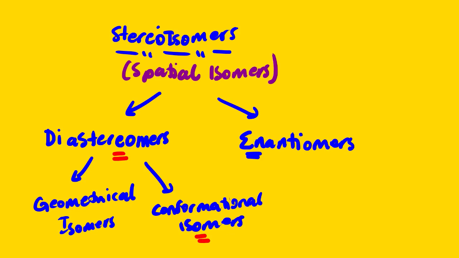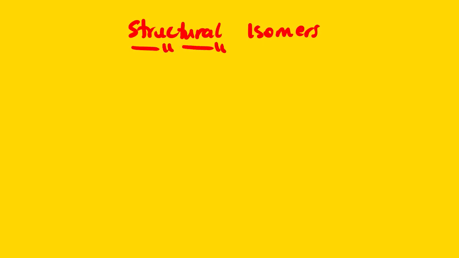So that is today's topic. But before we do that, we have to review what is a structural isomer. Once we understand this, it will be simple for us to understand the spatial isomer.